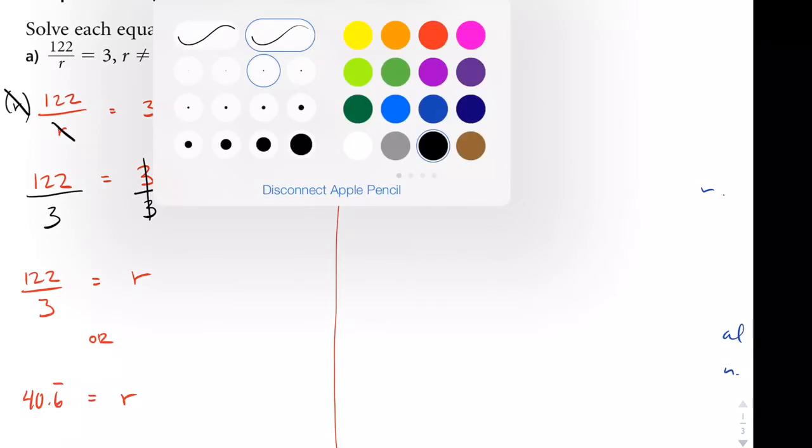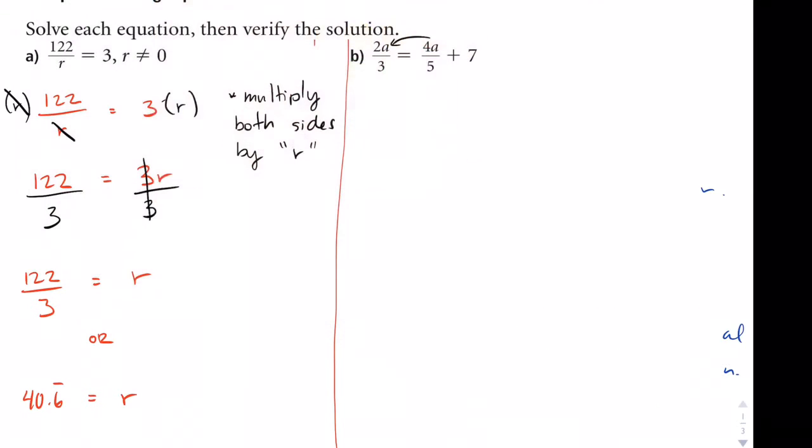So the way I do that is I am going to subtract 4a over 5 from both sides of the equation because I want my variables to be all on one side. So this is going to cancel out. These cancel out.